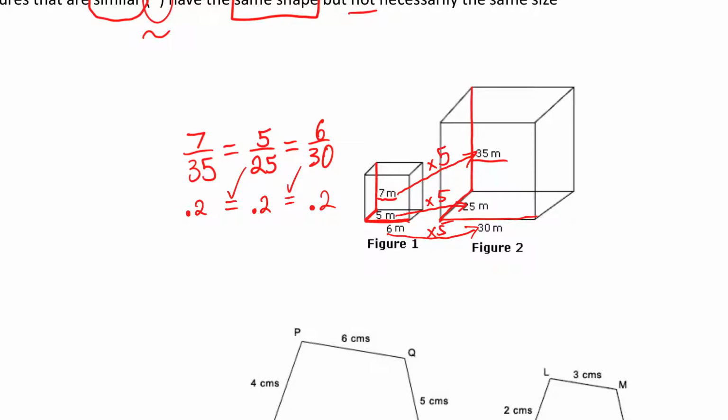Yes, they all got multiplied by 5. If this one was multiplied by 5 and this one by 6, that would stretch it out so they wouldn't be similar anymore. But since they all scaled by the same number, these two are similar to each other.